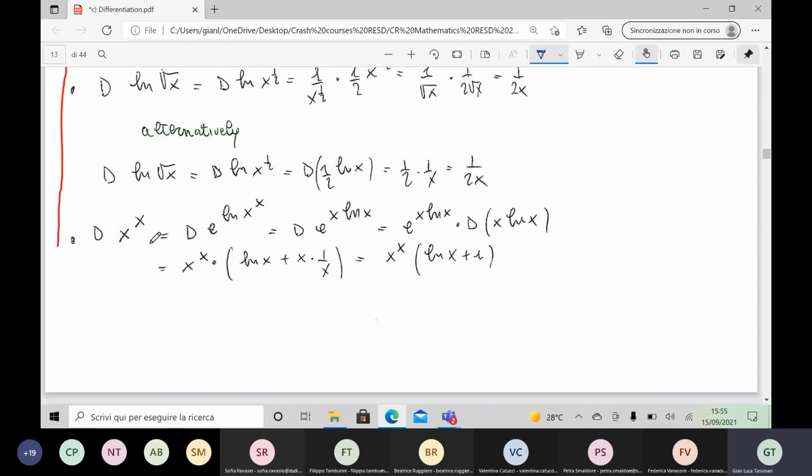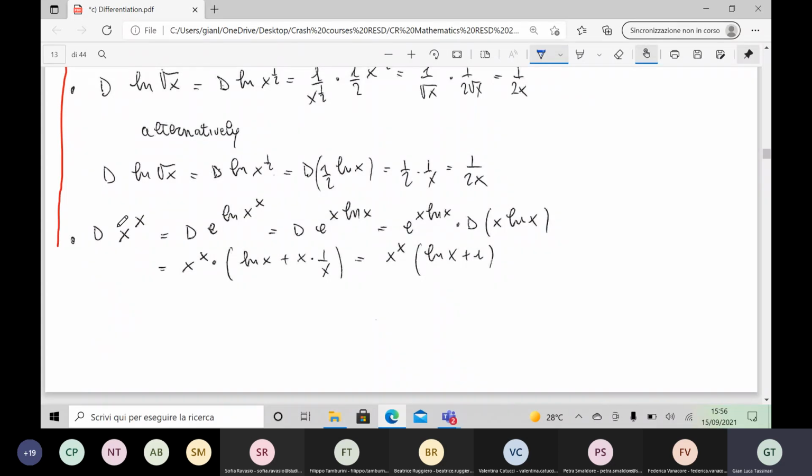So we can derive it already by using the rules we know. This function has a domain x strictly positive. So this function is defined for x greater than 0.